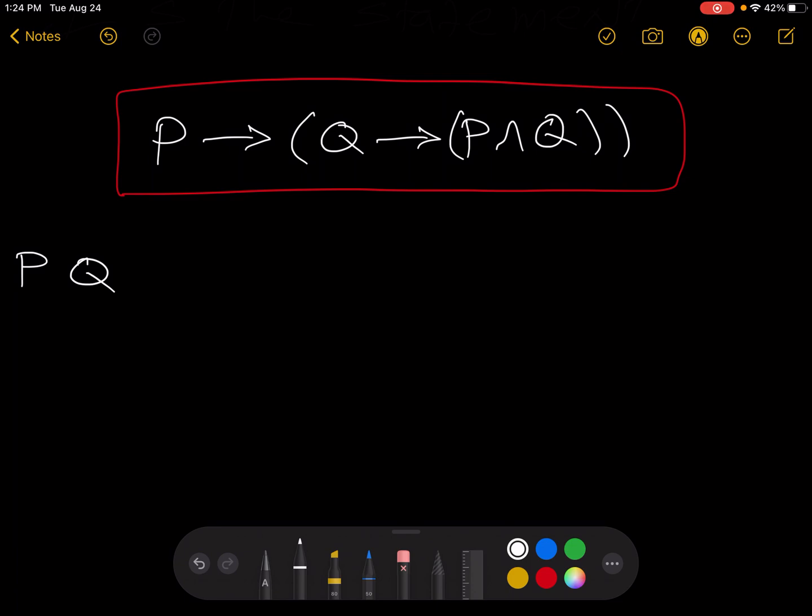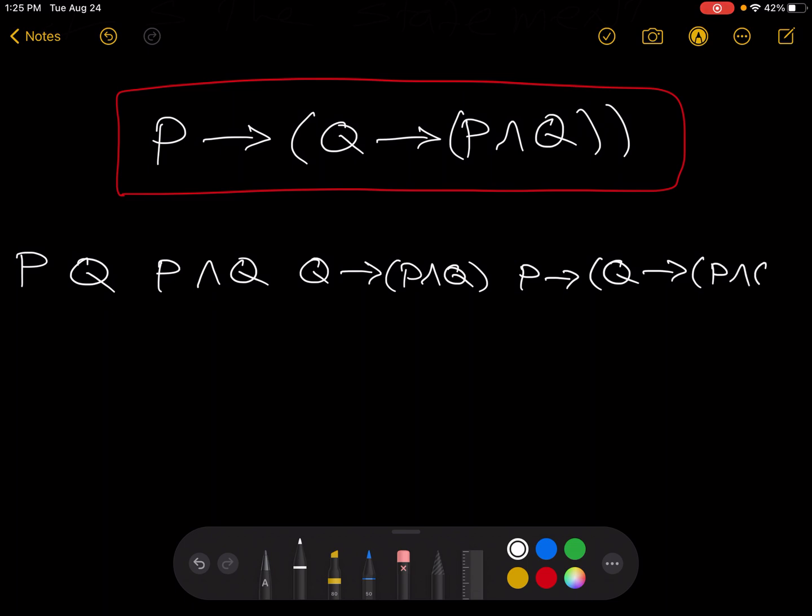Then building up from the inside out, we have P and Q. Next, we'll have a column for Q implies P and Q. And finally, we'll end with the statement in red, P implies Q implies P and Q.